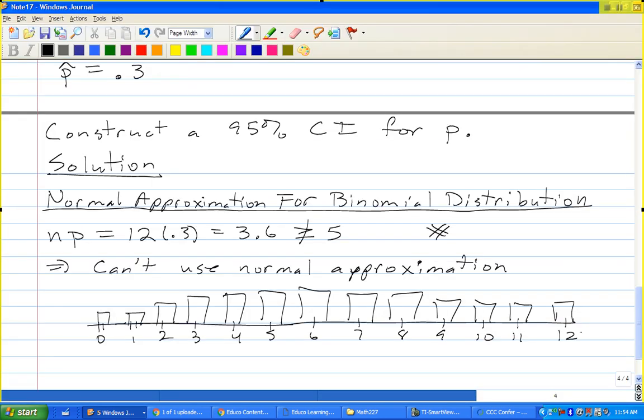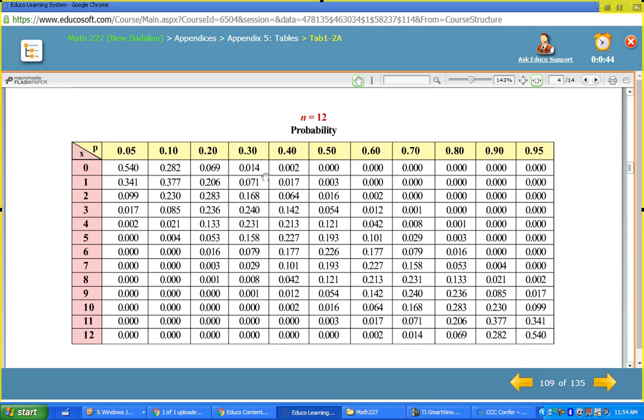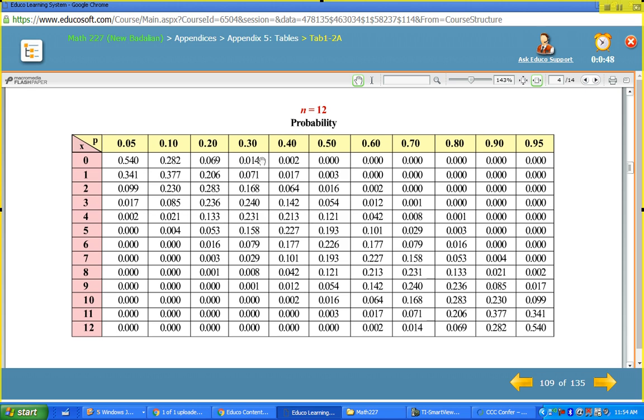Okay, so what I have to do here is, I notice that this is 95%. So that means that each tail will be 2.5%, each of my two tails. So what I have to do is add up each of these till I get to 2.5%.